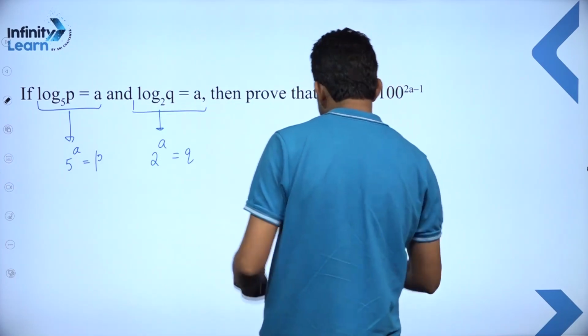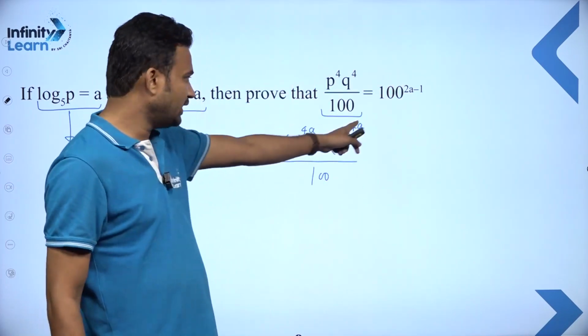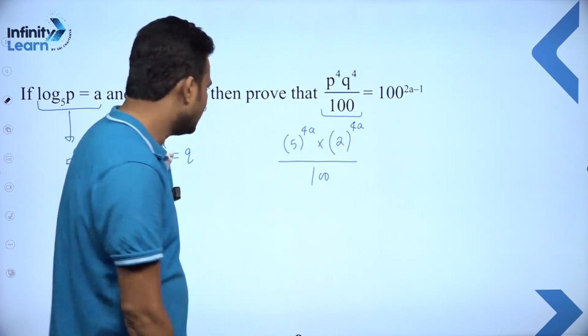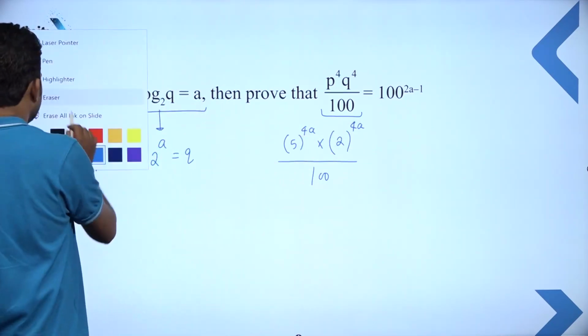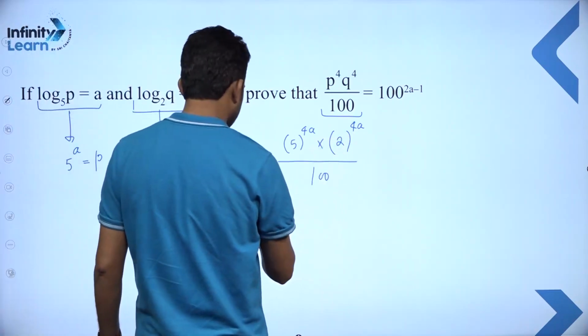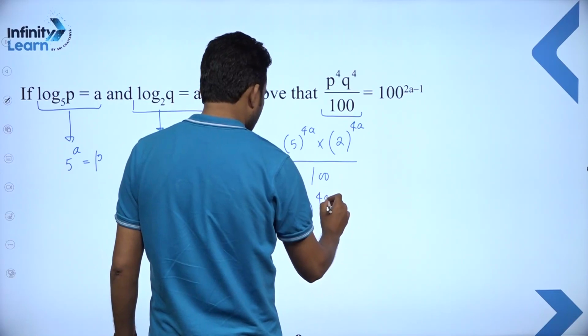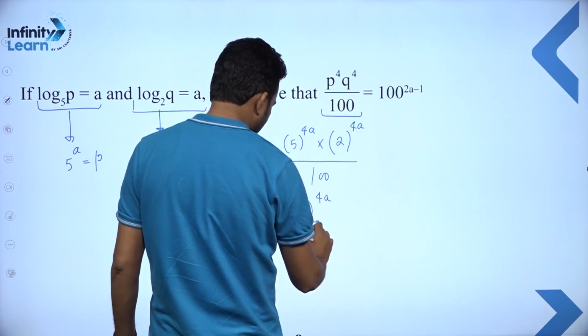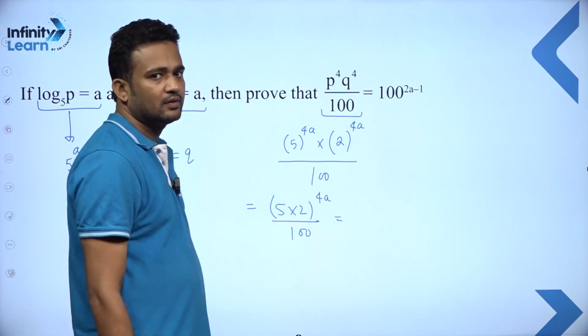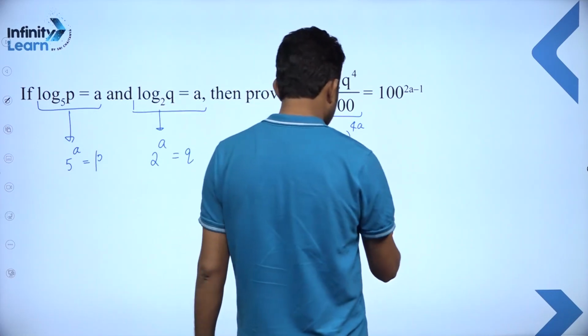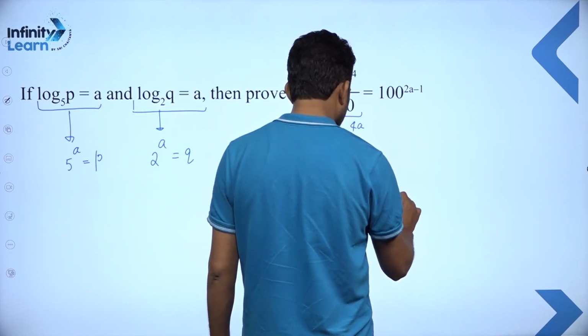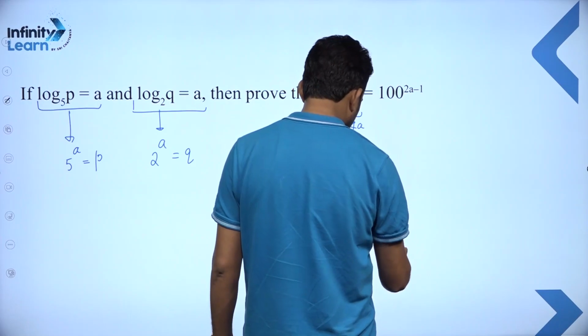How will we do this? Let us simplify. Here the exponents are the same, so we can multiply the bases. The final answer will be (5 into 2) power 4a divided by 100. What is 5 into 2? 5 into 2 is 10. So 10 power 4a divided by 100.